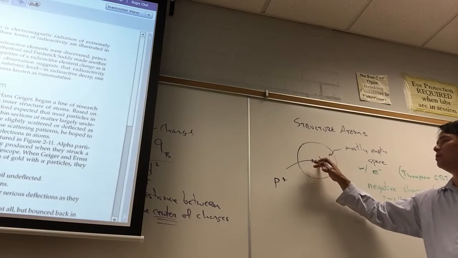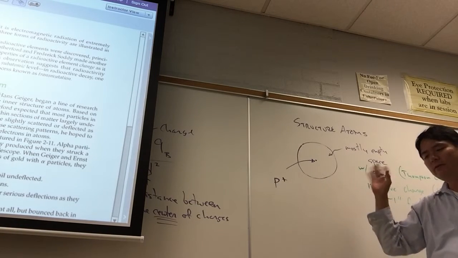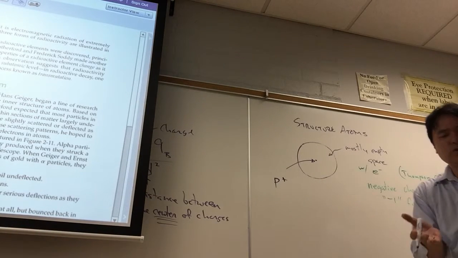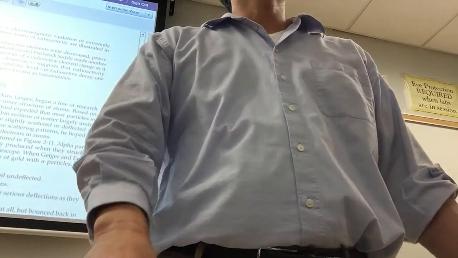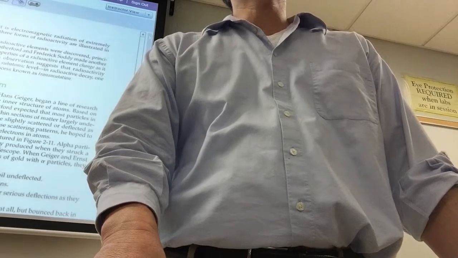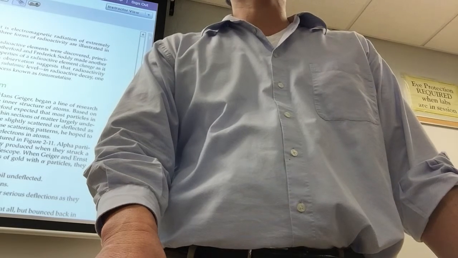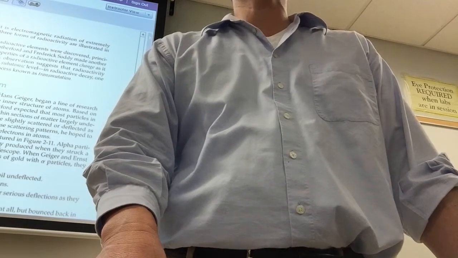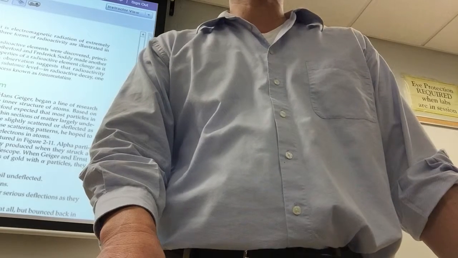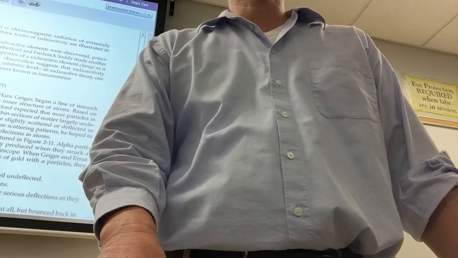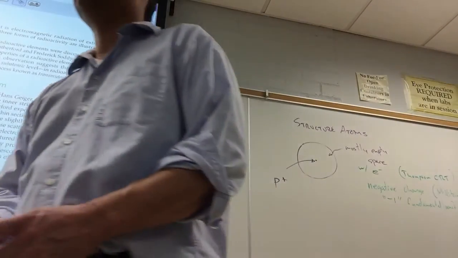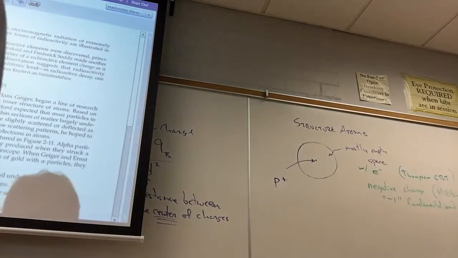So we've got a lot of protons in there. What's holding them? We just call it the nuclear force. How does the nuclear force work? I don't know. The nuclear force is just holding it together. If you want to know how the nuclear force works, you should understand the theory of nuclear forces.